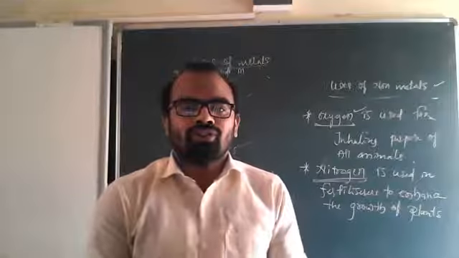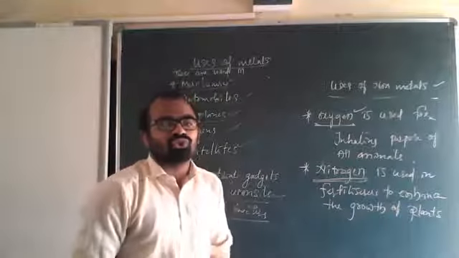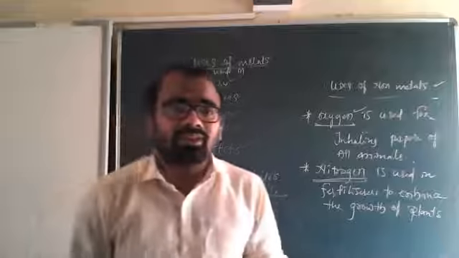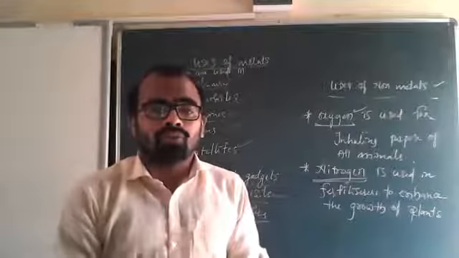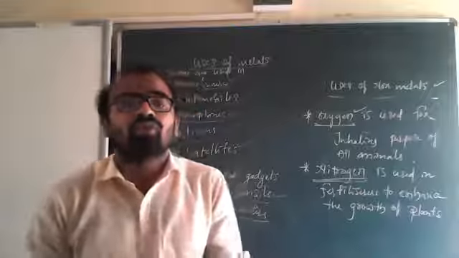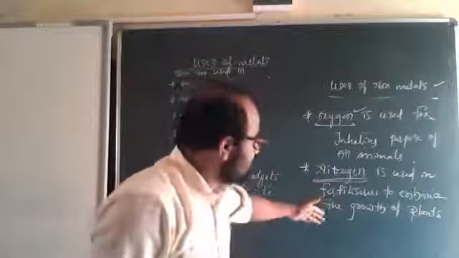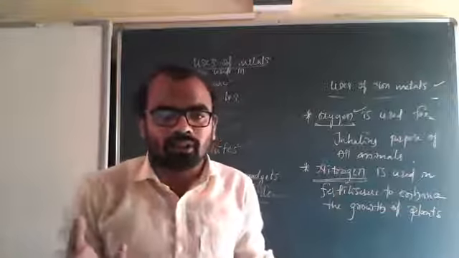So oxygen is used for the inhaling purpose of all animals, whereas nitrogen is used for fertilizers. Whichever chemical fertilizers we are using, in that we are using nitrogen, because nitrogen is very helpful for the growth of plants. The plant should be grown properly.